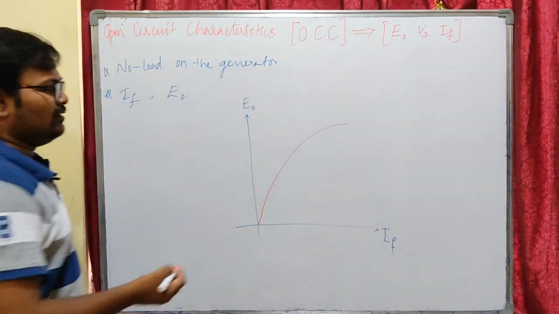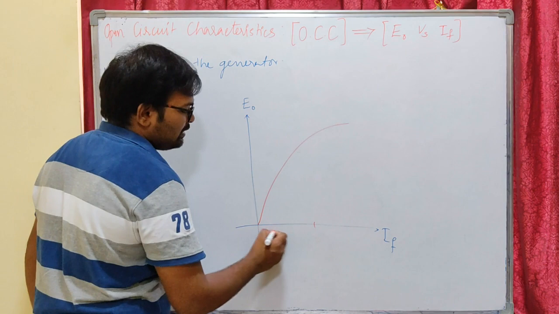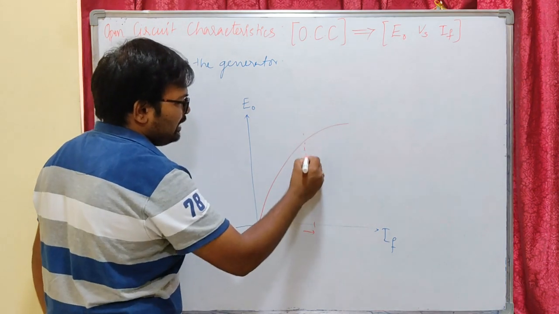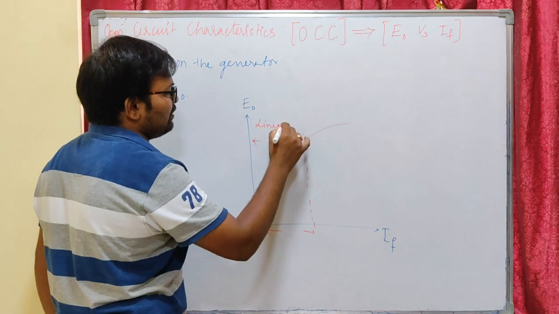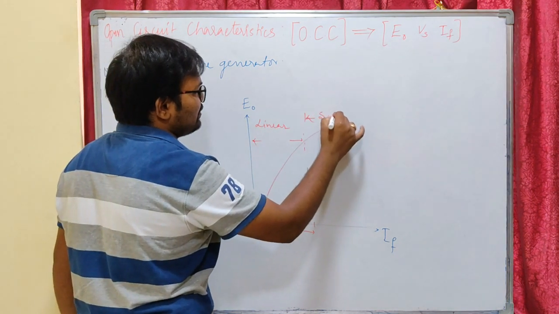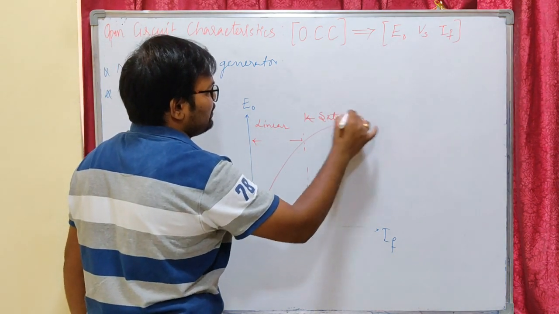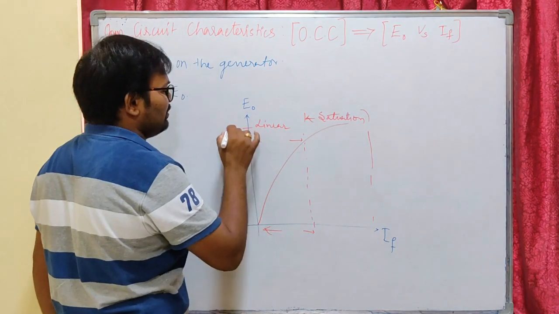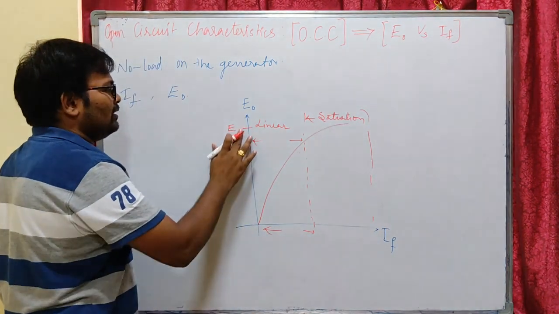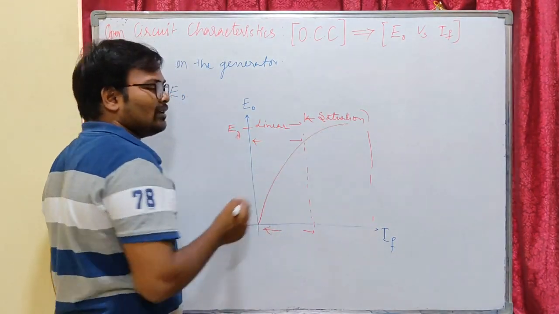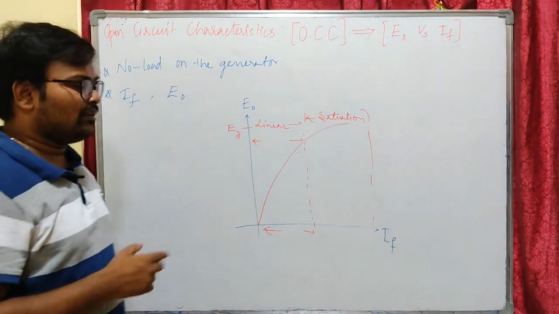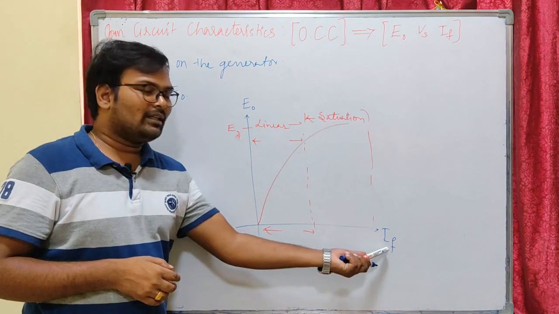As you increase If up to a certain point, the EMF induced in the alternator will be linear. After that it goes into saturation. As the core gets saturated, the induced EMF will be constant. Let us write it E1. Up to this it is linear. After this the generated EMF will be constant because the core gets saturated for increased field current.